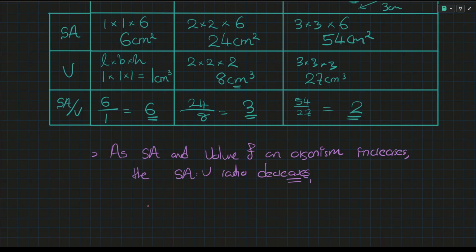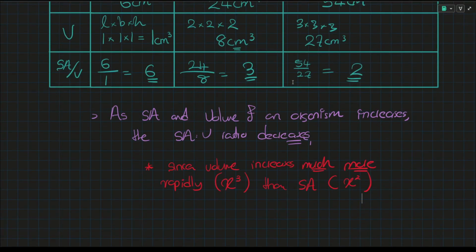No. Why? That's because volume increases much more rapidly. Why does it increase much more rapidly? Because volume is a cubic measure, than surface area. Surface area is just a square measure.